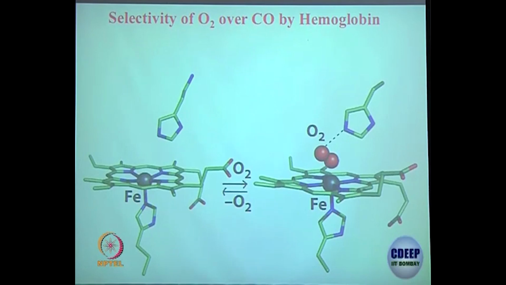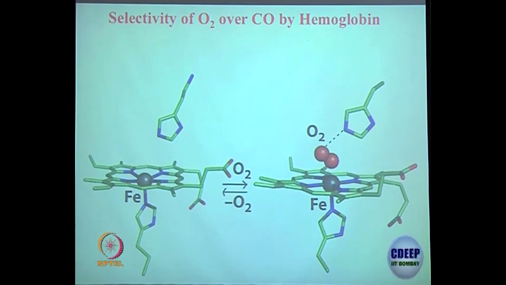And you know that iron 2 plus high spin means what? t2g4 eg2. Upon the oxygen binding, it goes to t2g6 eg0. t2g4 eg2, this is t2g6, a high spin to low spin configuration change.